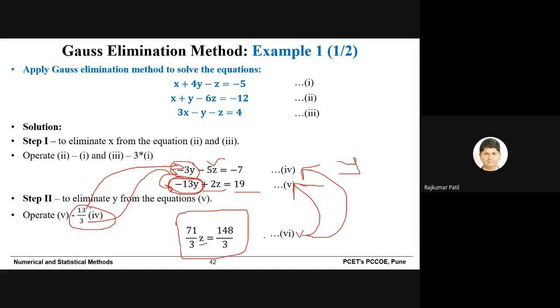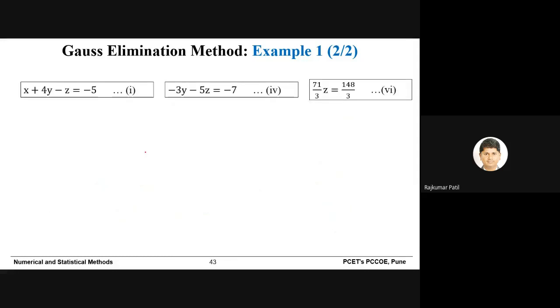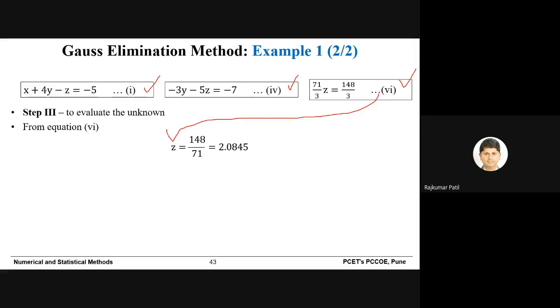Now we have y and z. So put the values of y and z in equation number 1, equation number 2 or equation number 3 to get the value of x. So this is how we can solve this system. Just for understanding purposes, I am putting equation number 1, equation number 4 and equation number 6. From equation number 6, you will get the value of z.